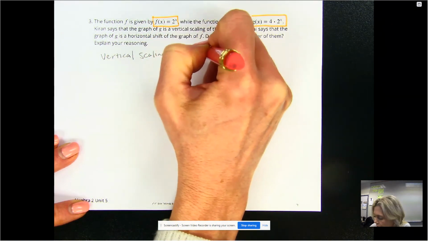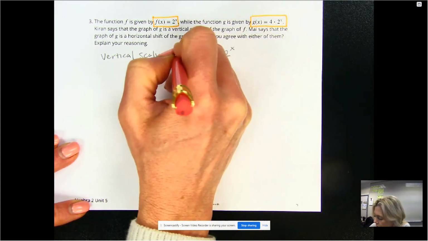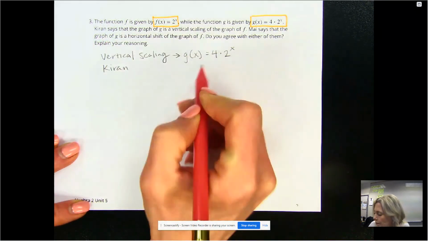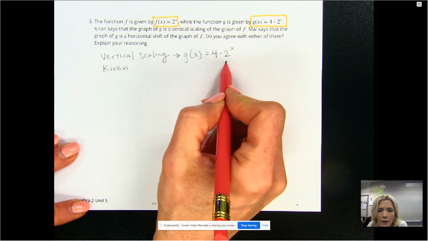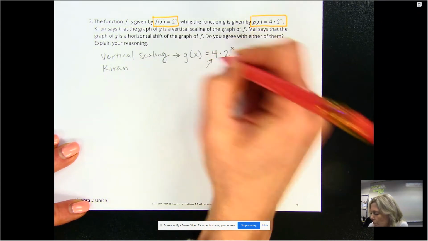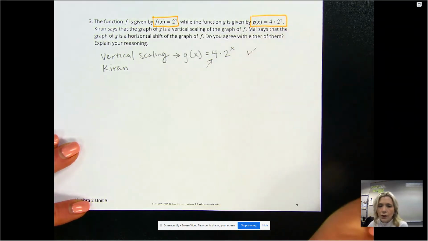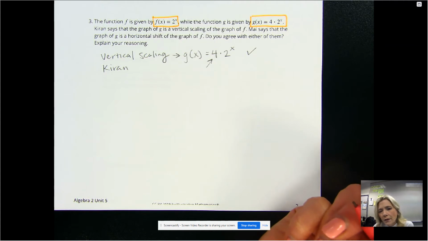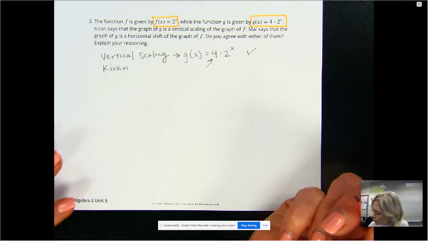If g of x is equal to 4 times 2 to the x, and this is Chiron's idea, then all of the outputs are being multiplied by this 4 here. So definitely a vertical scaling. I agree with Chiron. And then at first I didn't agree with Mai, but then I thought about it some more.